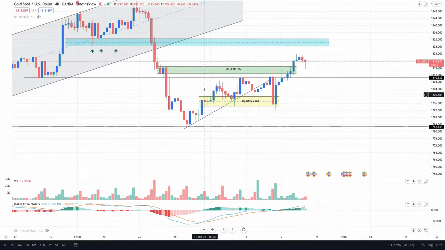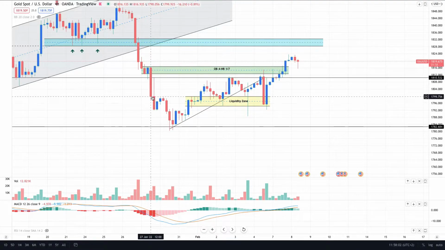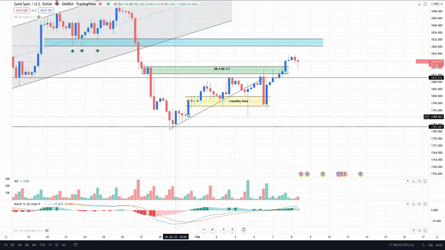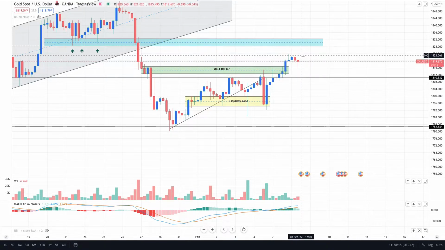So we had a bearish movement of price retracing up to this order block, coming back down, and then price has now broken through this area of resistance at the 1810 point, and now we are going to see whether it can flip it as support.